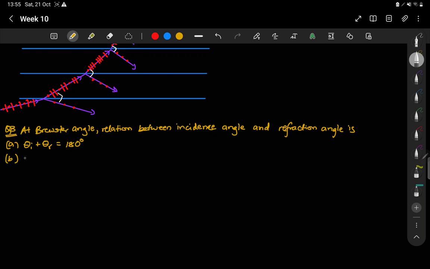Option B, theta I plus theta R greater than 90 degrees. Option C, theta I plus theta R less than 90 degrees. Or option D, theta I plus theta R equals 90 degrees.